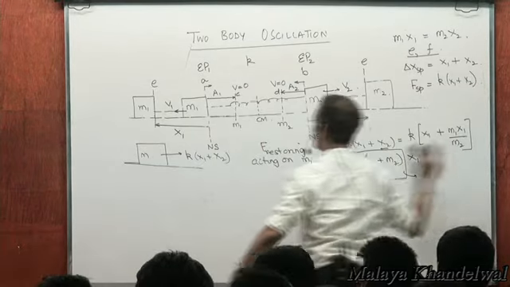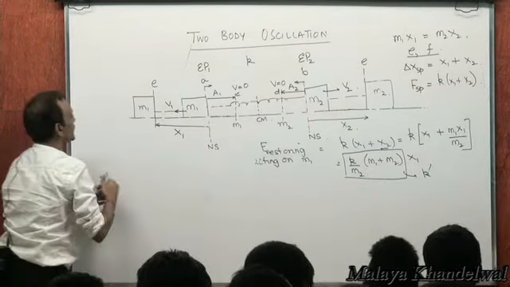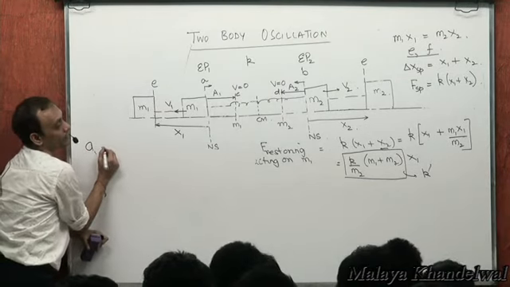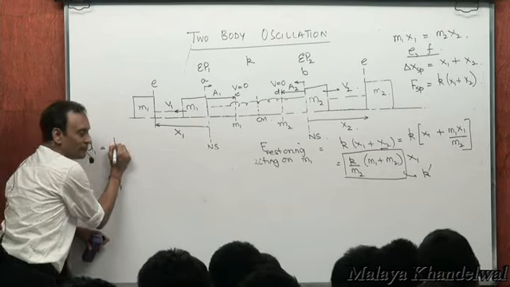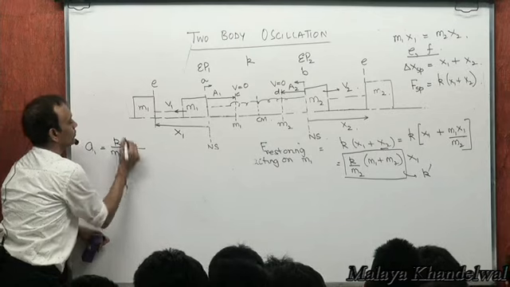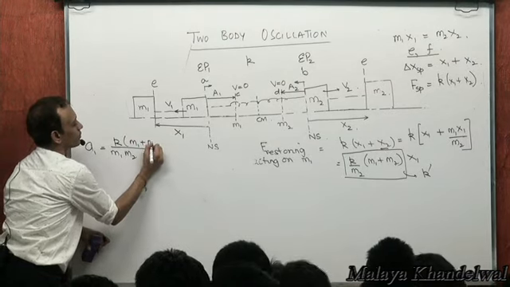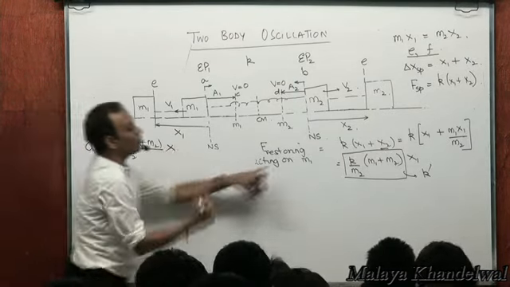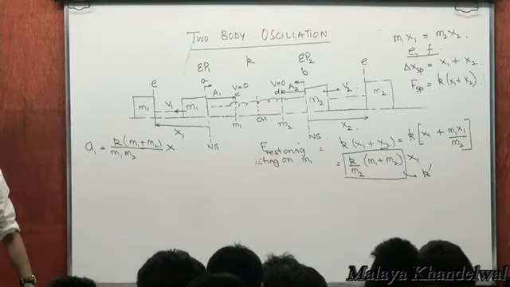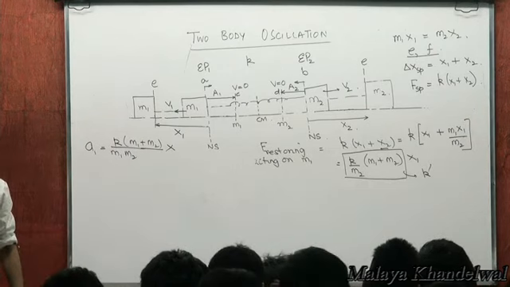K prime. What would be the acceleration of M1? Acceleration of M1 directed towards the mean position A1 would be the force acting on M1, K by M1 M2 into x1, right? Force divided by M1 would be the acceleration of M1 directed towards the mean position.